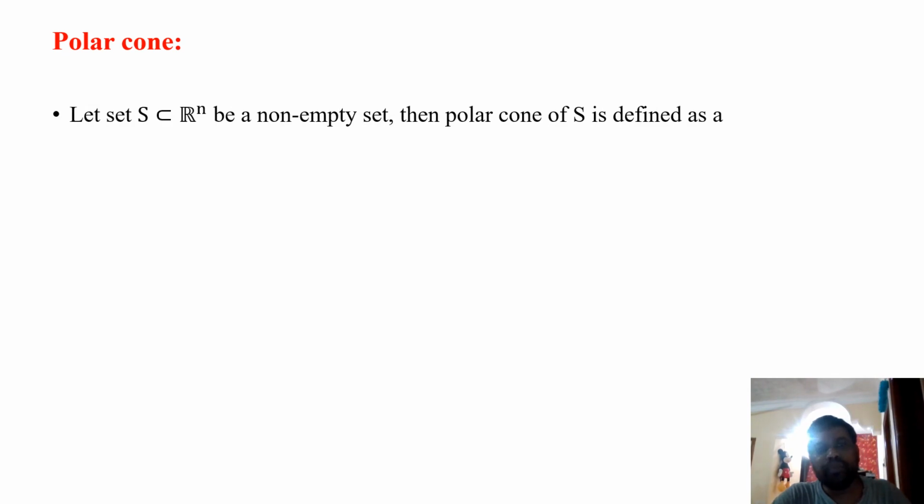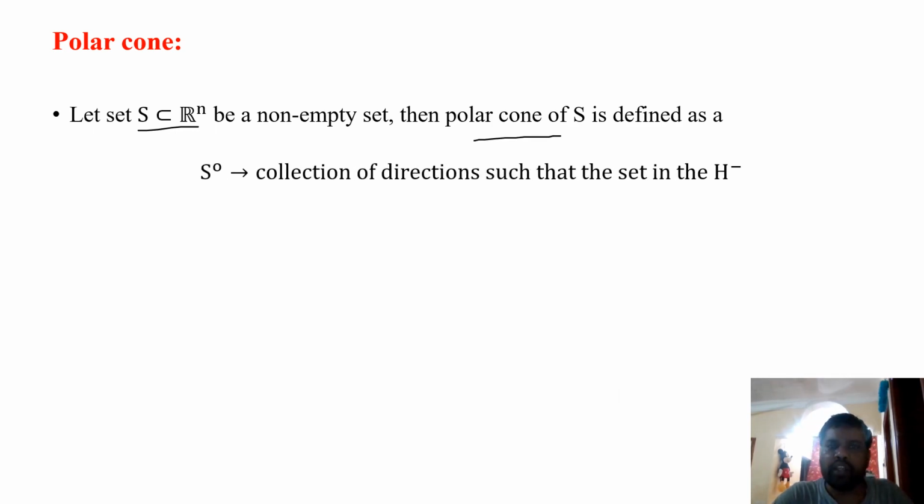Consider a non-empty set S in Rn. Then the polar cone of S can be defined in a very layman way: it is the collection of all the directions such that the underlying set S is in the negative half space.